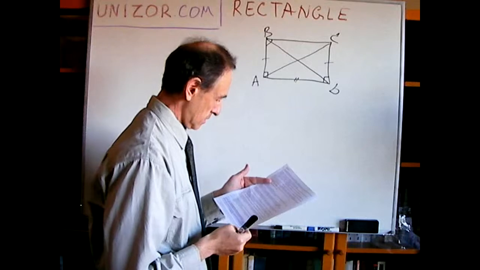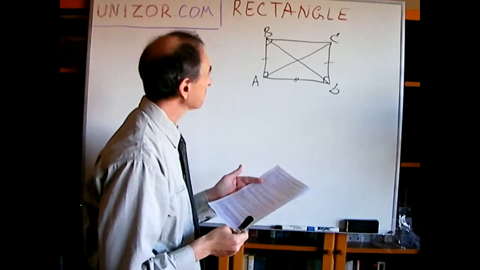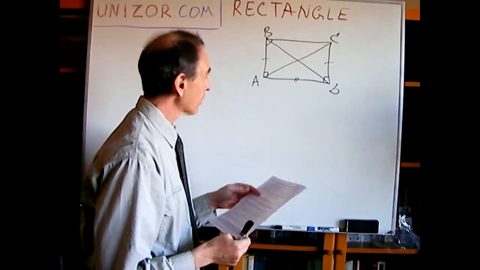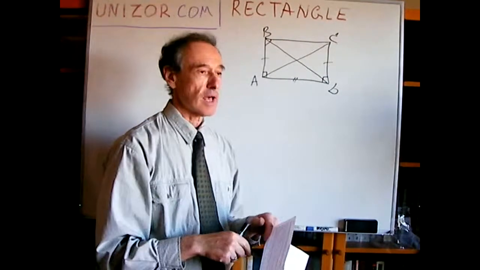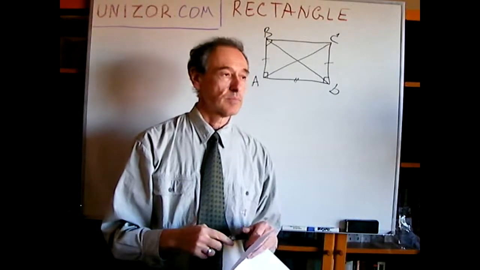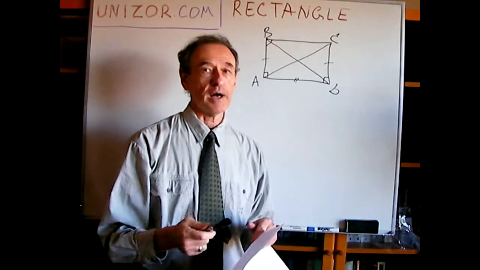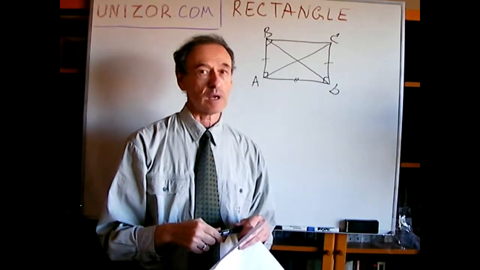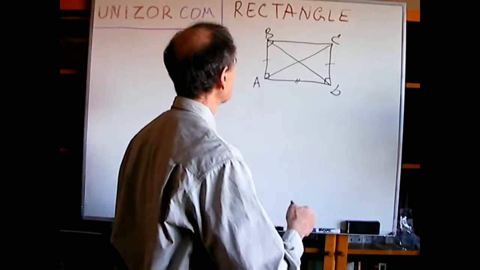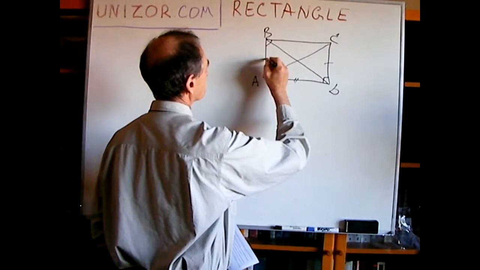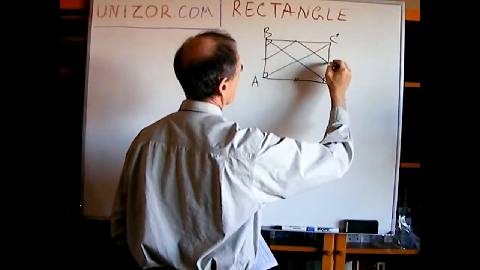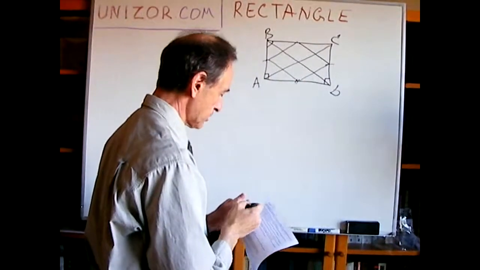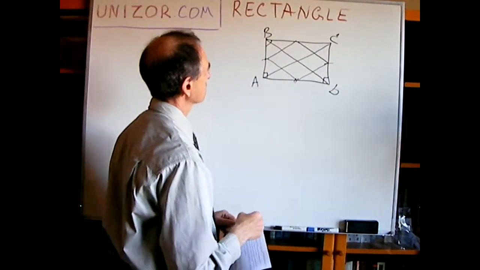Next, sequentially connected midpoints of all sides form a rhombus. The previous lecture was about rhombus, and the rhombus is defined as a parallelogram with all sides congruent to each other. Let's see what we get if we connect midpoints here, here, here, and here. Why is it a rhombus? Think about it this way.